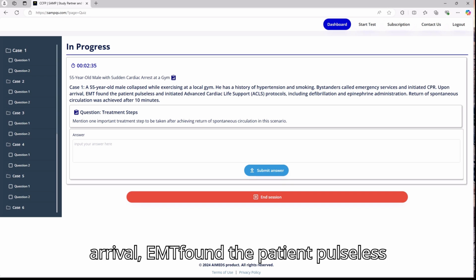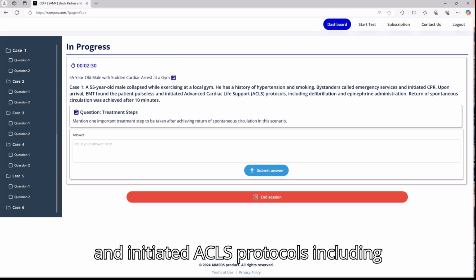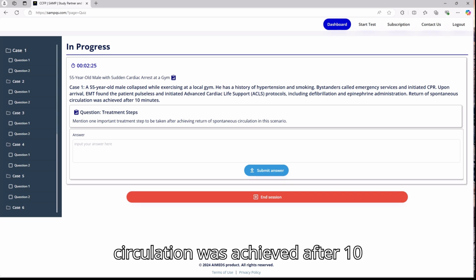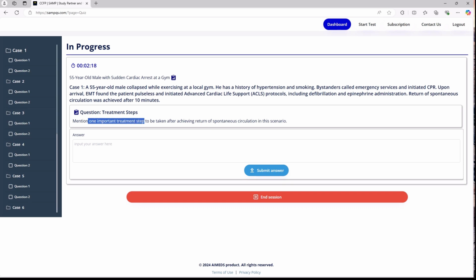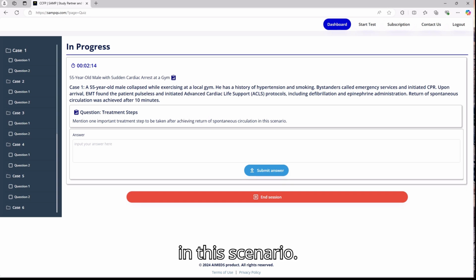Upon arrival, EMT found the patient pulseless and initiated ACLS protocols including defibrillation and epinephrine administration. Return of circulation was achieved after 10 minutes. Question: mention one important treatment step to be taken after achieving ROSC in this scenario.